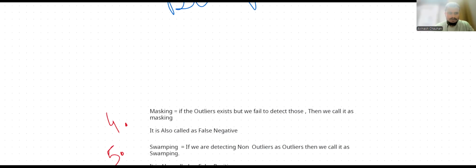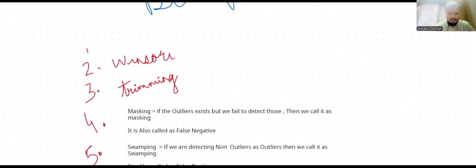My third point was trimming. My second point was winsorization.